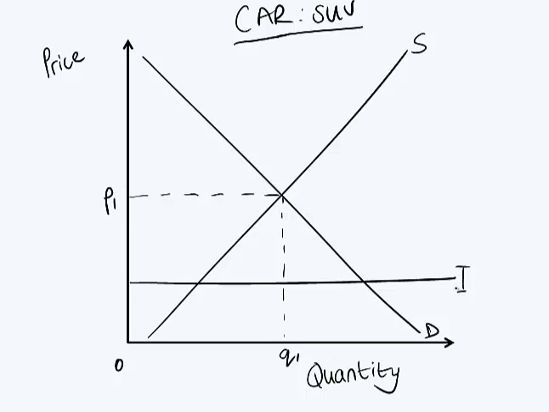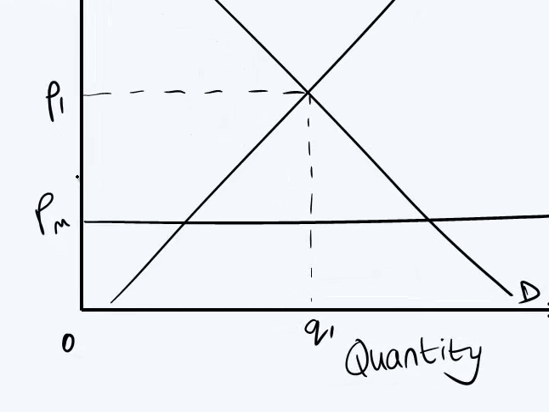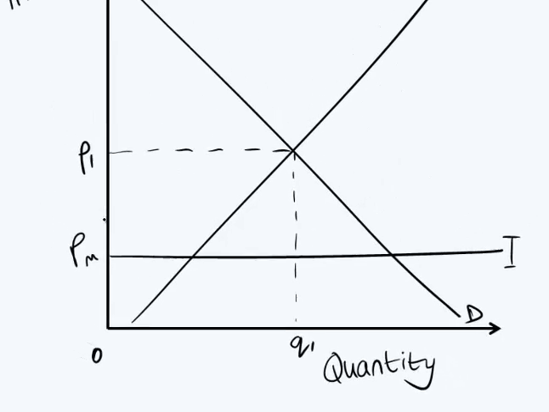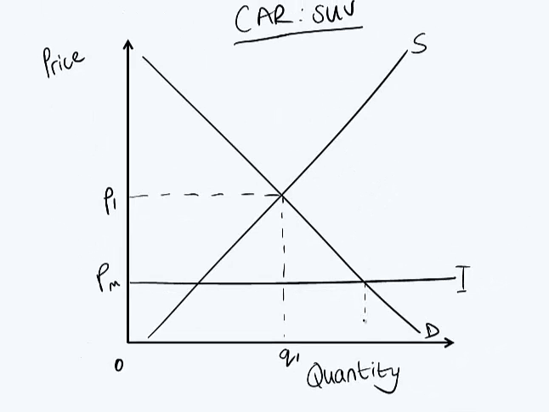But the international market, we say, is so big, we can't influence the price, so the price is fixed all the way through. Let's call this the market price of the international market.